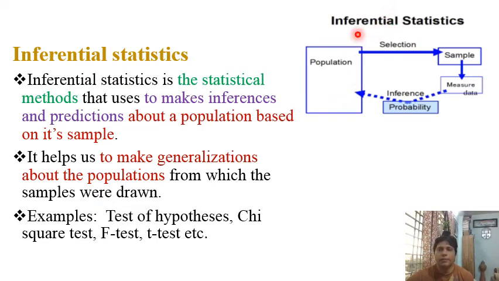Suppose here for inferential statistics, here is the population. This is the sample, and this is the measure. Suppose we measure probability from this sample. This probability we can apply to this population. Suppose from this sample we have found that the number of smokers is small, 20% of people are smokers.